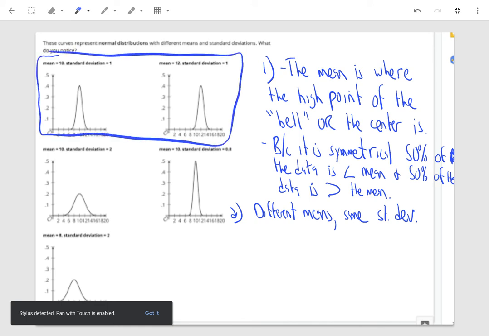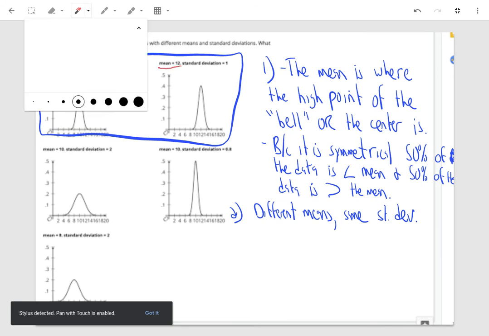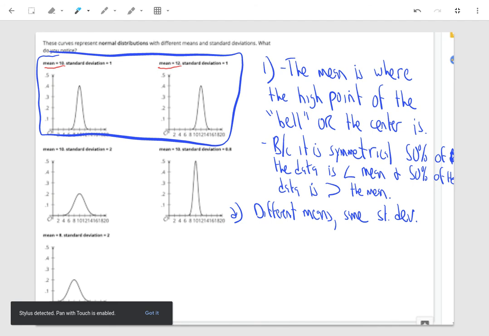This one has a mean of 10, this one has a mean of 12, but they both have a standard deviation of 1. So notice they both look exactly the same. The only difference is this one, the center is at 10, and this one, the center is at 12. So they're both the same shape. They both look exactly the same. One is just shifted over from the other. Okay, the one with a mean of 12 is shifted to the right 2 units.